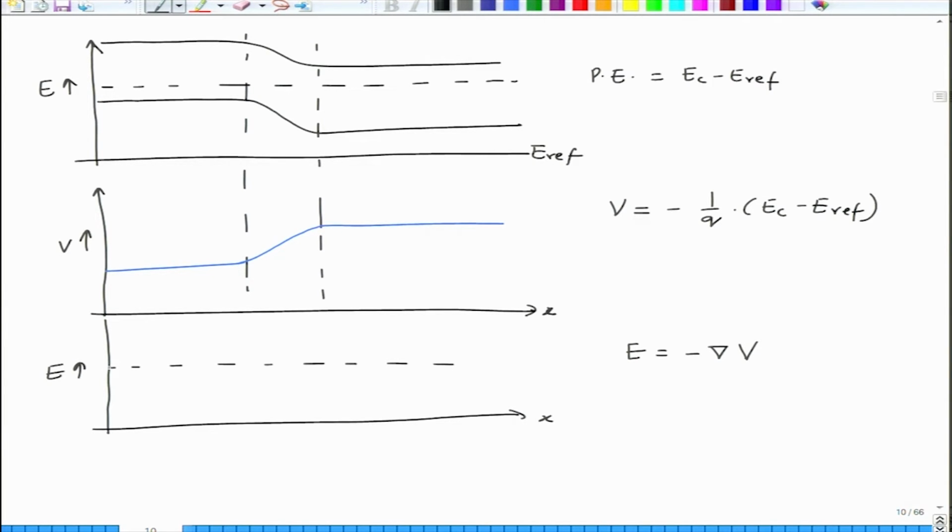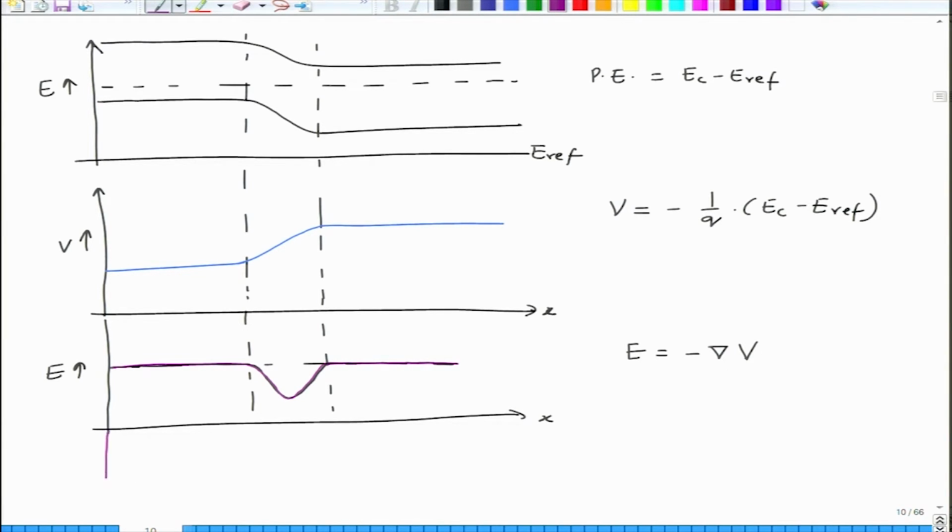So it is 0 here, it is 0 here, but it goes as something like this in this region. Somewhere here you will have a change of slope, right? So this is how the electric field will plot itself.